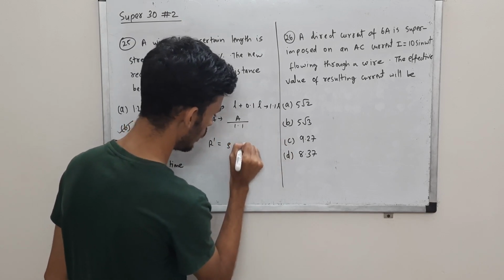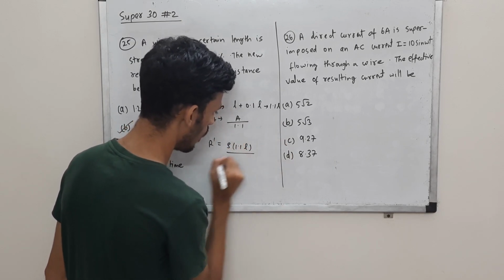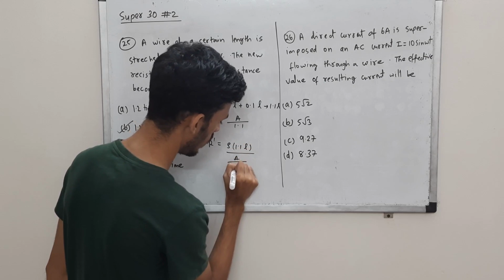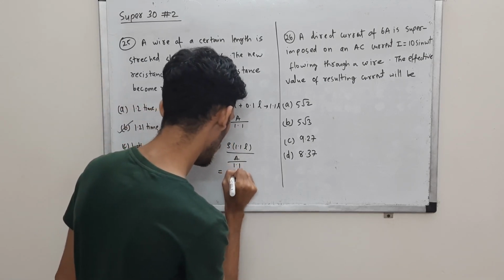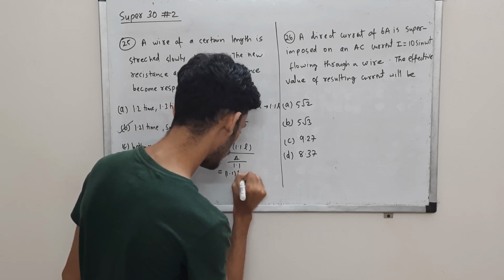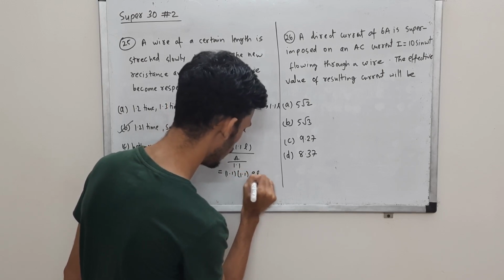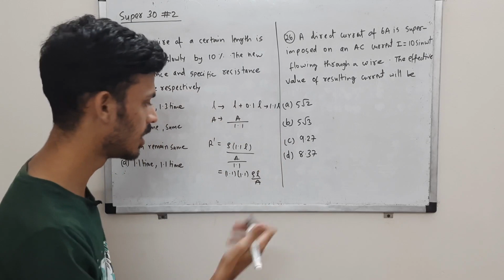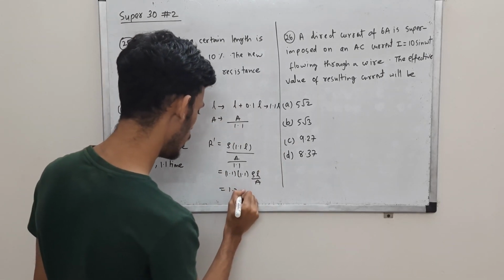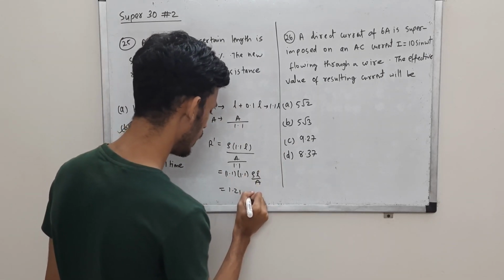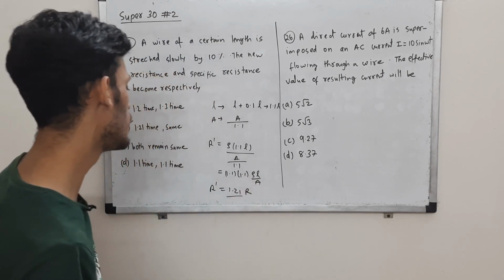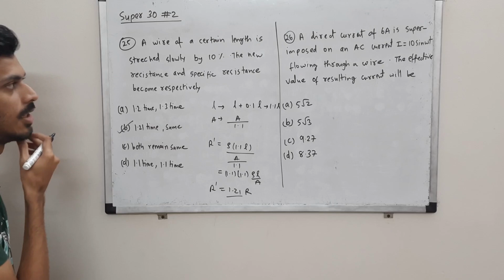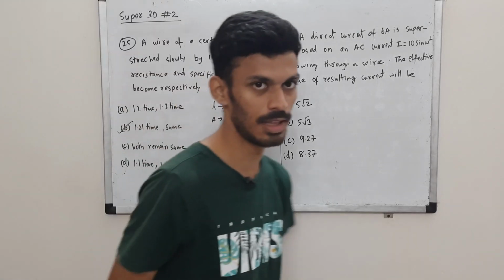L is 1.1 times L, and area is A upon 1.1. So it is 1.1 times 1.1 into rho L by A. This is nothing but the original resistance, times 1.21, since 11 11s are 121. So the new resistance is 1.21 times the old resistance. And the resistivity, as I told you, will remain the same.